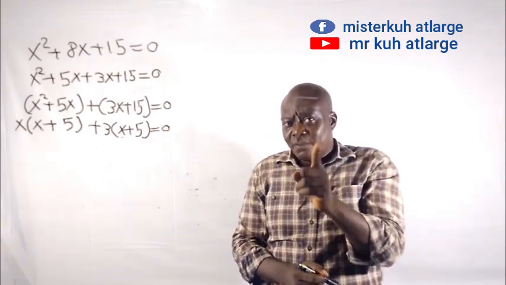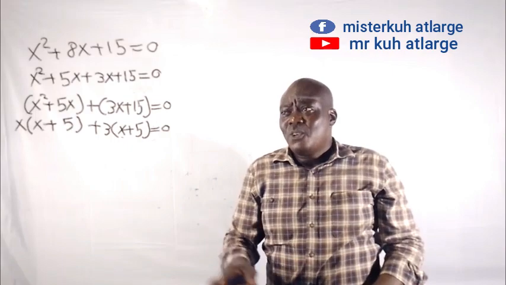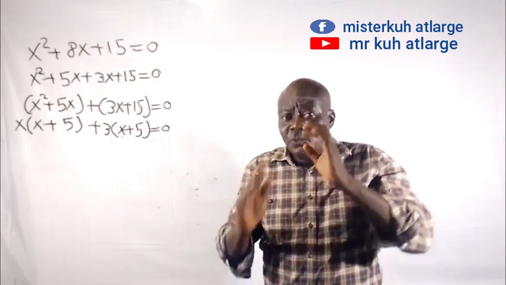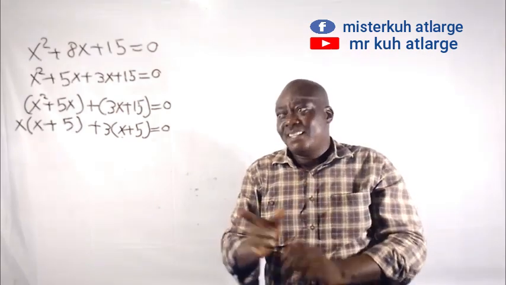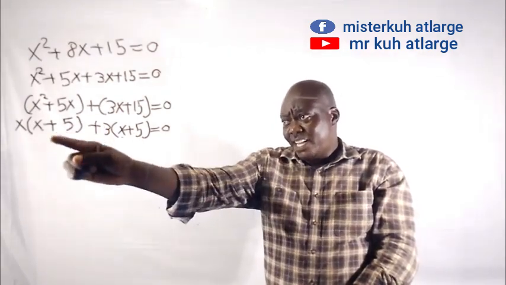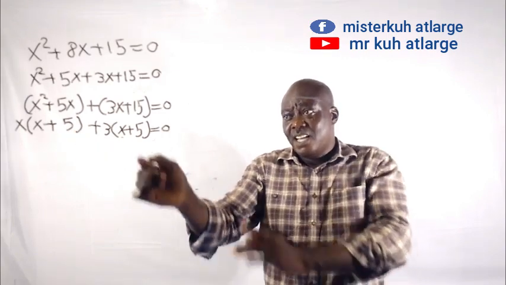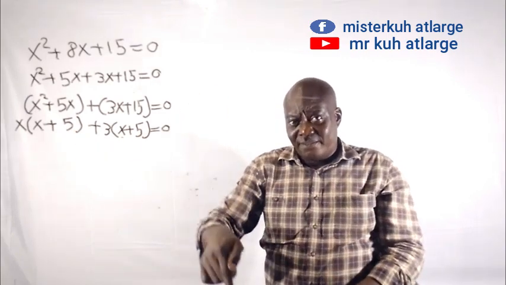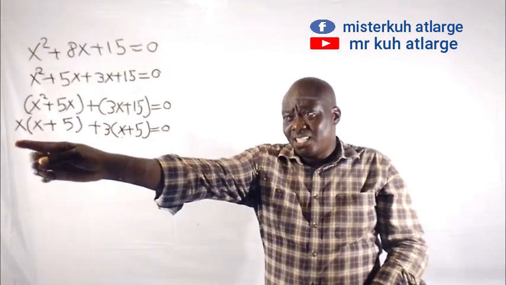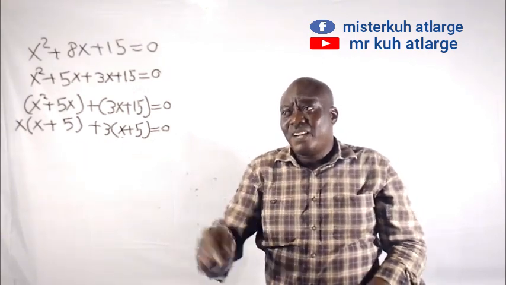Look up now, you will observe something. Once you reach this stage, if your answer is correct, you have two brackets that are identical. Ignore what is outside the bracket. Here you have x plus 5, and in the second bracket you have x plus 5. But the first x plus 5 has x outside, and the second one has 3 outside.